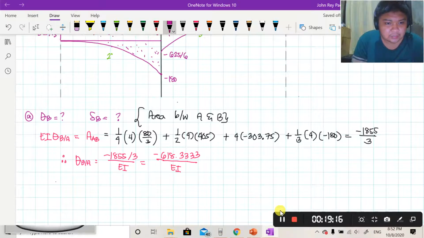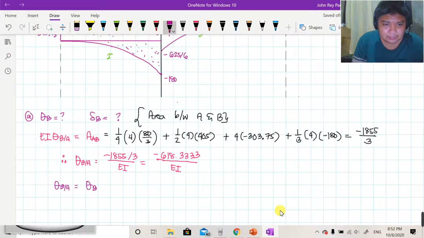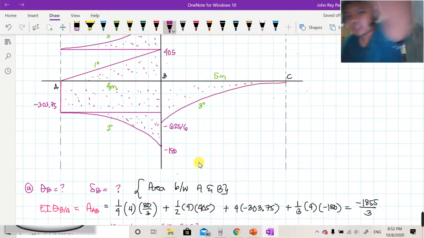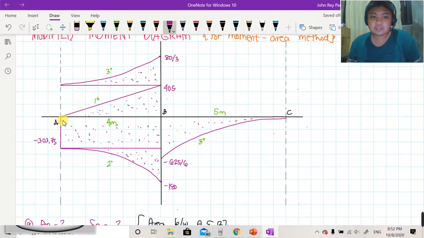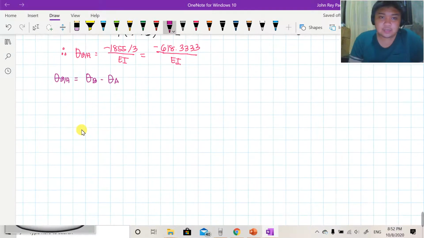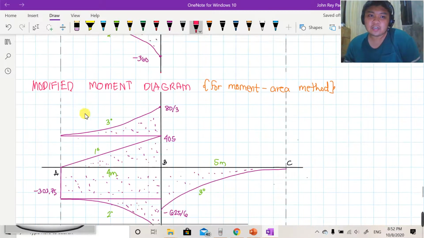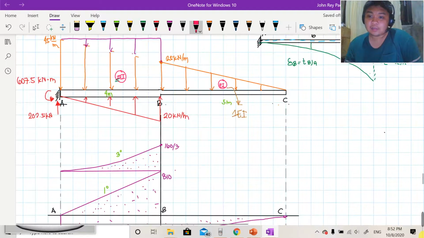But we know that theta B of A is equal to, diba, theta B minus theta A. Huwag kayong malilito dito, no? Palagi nga siyang, ang gagawin natin dito, class, is yung right point minus left point. Palagi yon. And alam din natin, class, na yung theta A ay equal to 0 simply because yun nga yung ating fixed support, diba?